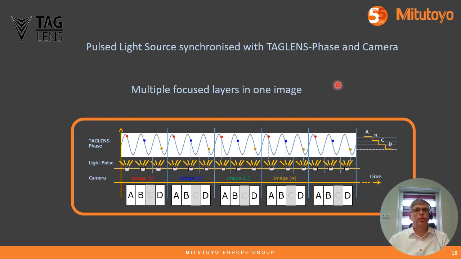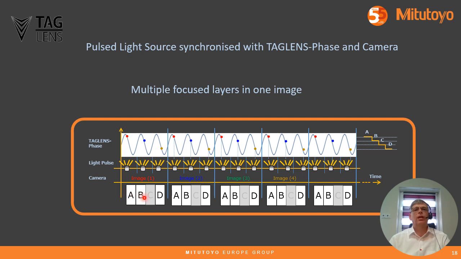Another mode using the pulsed light source in combination with the TAG lens is multiple focused layers in one image. So in one camera image, it's possible to not just pick one layer in focus, but to use the pulsed light flashing different layers, different positions in the TAG lens cycle, and therefore pick different layers in focus that are combined in one camera image.